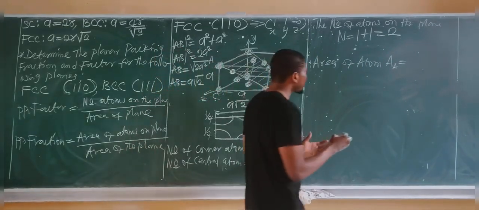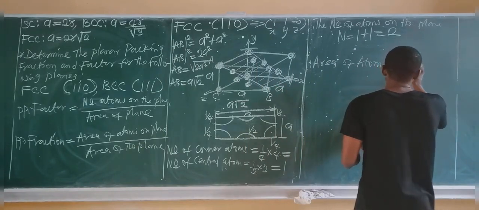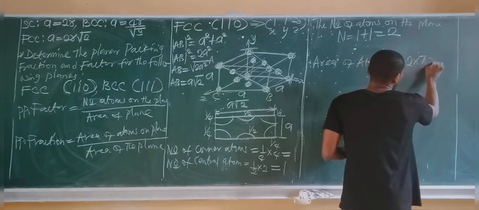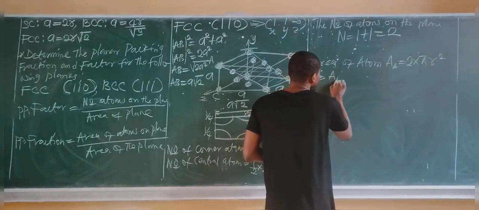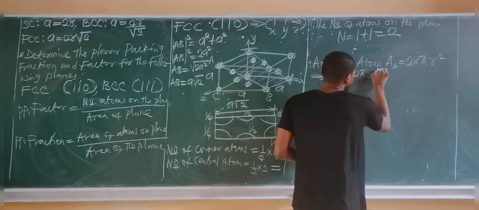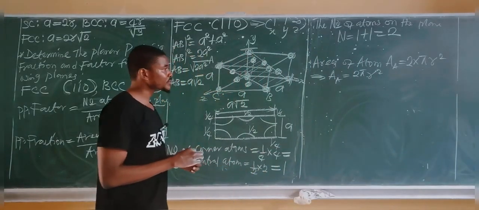So the total area becomes 2 atoms times the area of a sphere, which is pi r squared. This implies the area of the atom is equal to 2 pi r squared.